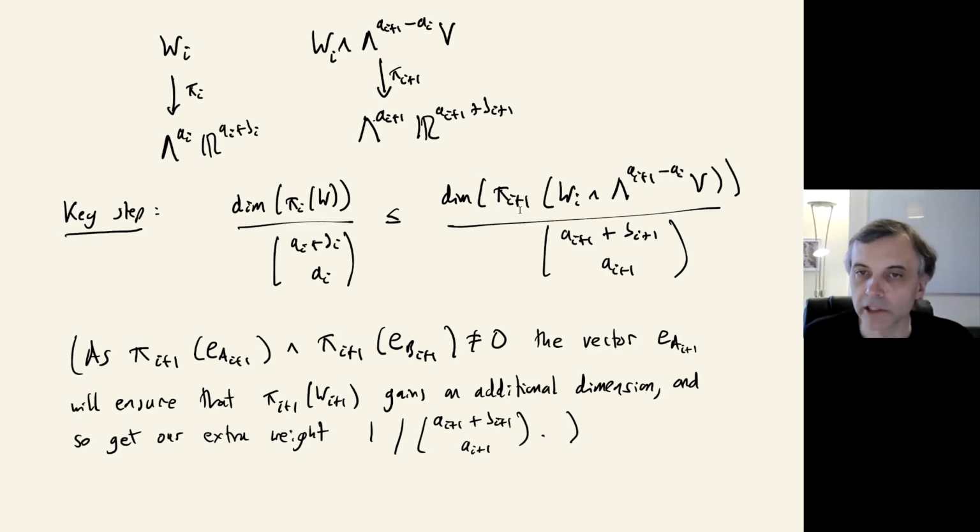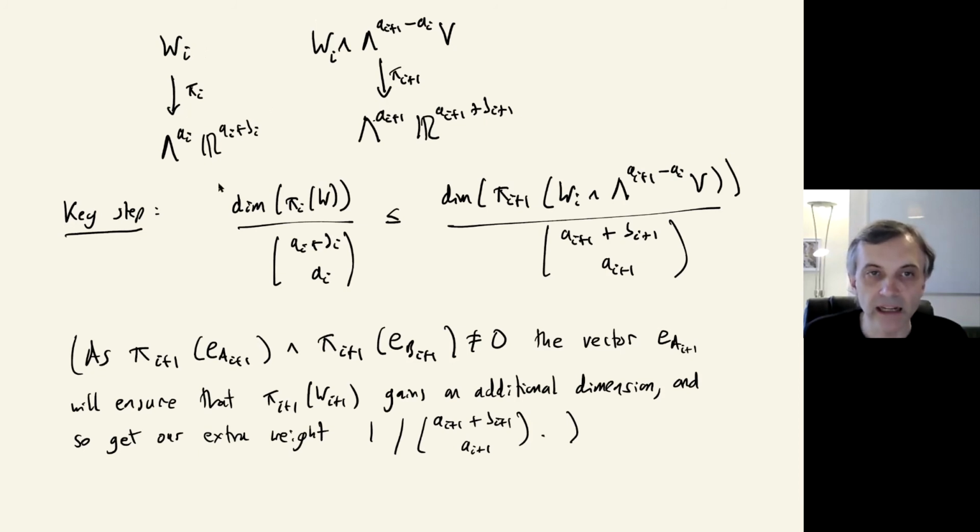When I look at the projection of W_i wedged up to get to the right height, to the right exterior power, the fraction of dimension should go up. That's the key thing. Okay, so I've got W_i, and then I wedge up to get W_i wedge, okay, with A_{i+1} minus A_i copies of V, or wedge A_{i+1} minus A_i times with V.